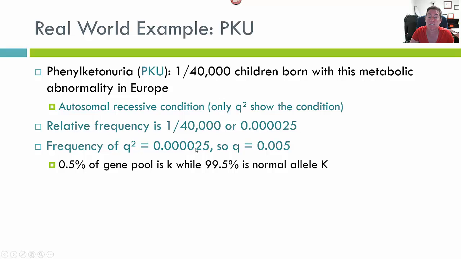If we want to figure out the frequency of Q, we take the square root of this value. The square root of this value equals 0.005. This means that 0.5% of the gene pool is little k, recessive k, while 99.5% of the population is normal allele, dominant K.